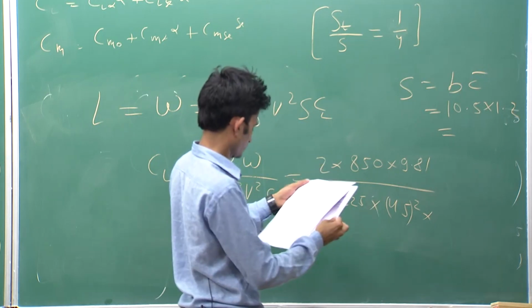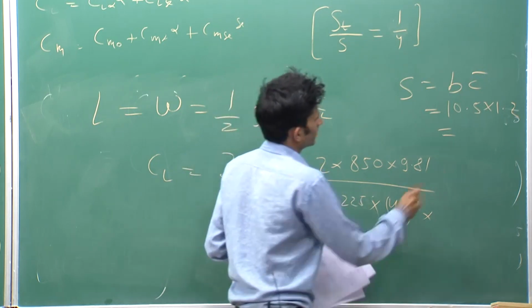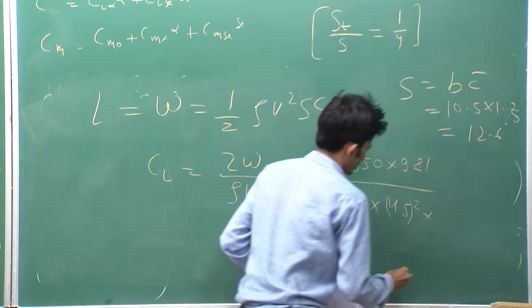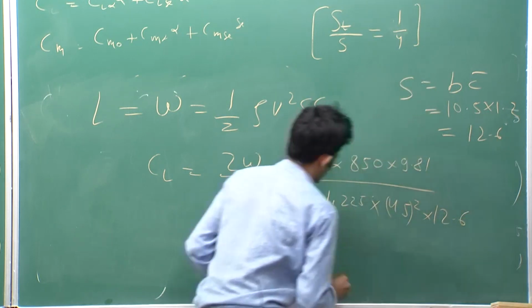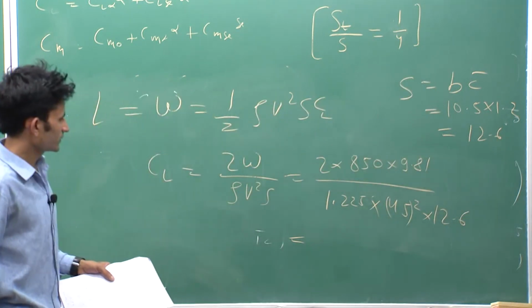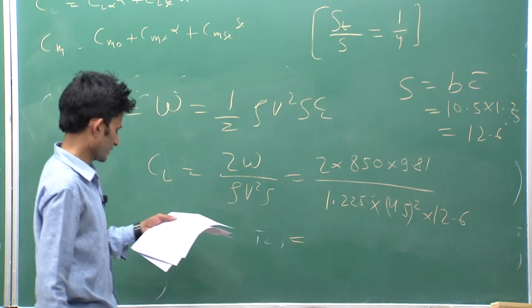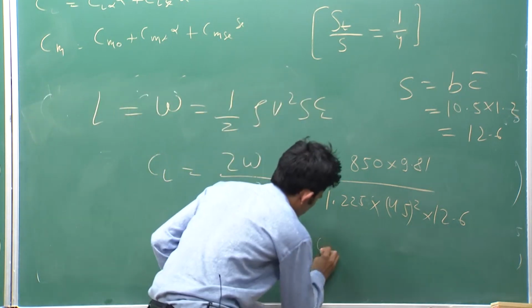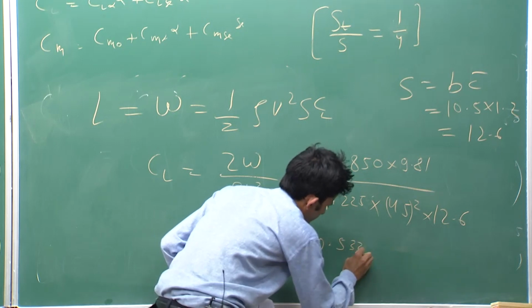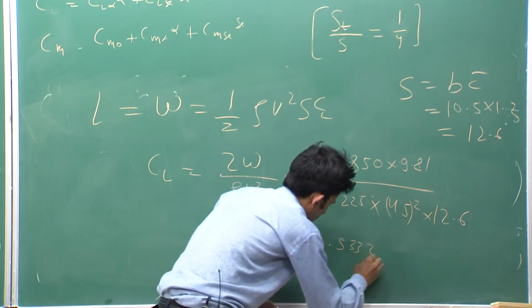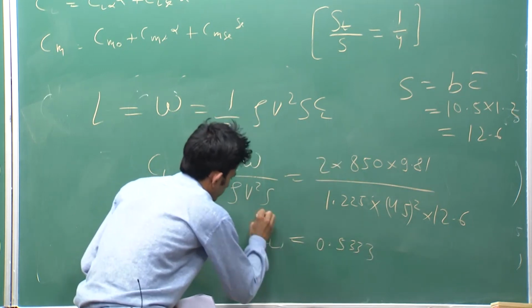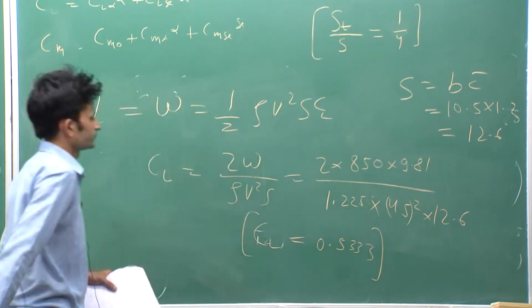Let me check. Yes, 12.6. So if you solve this, you will get 0.533 is your CL value. Okay.